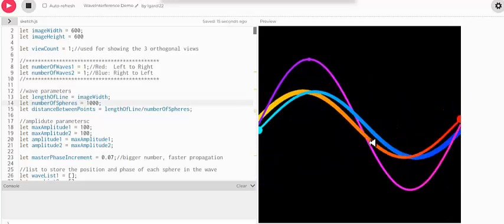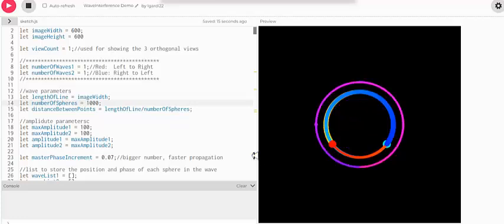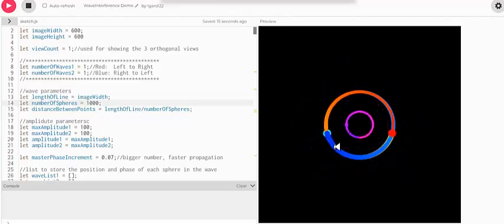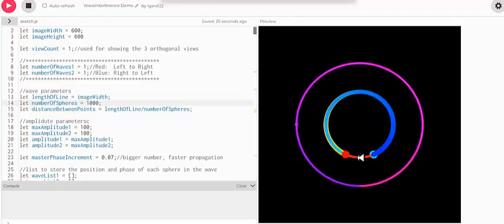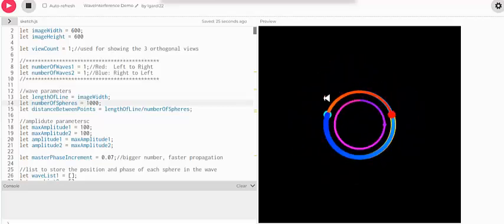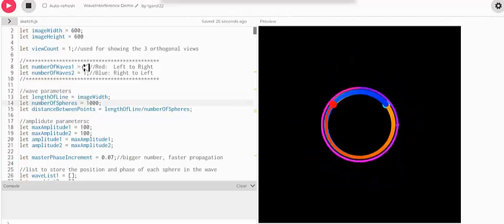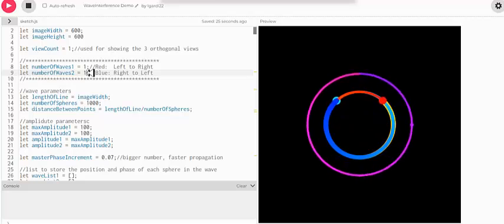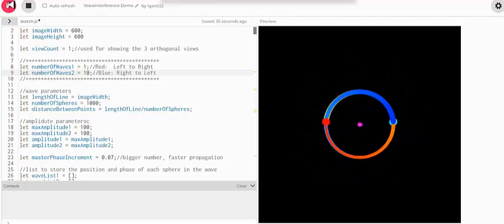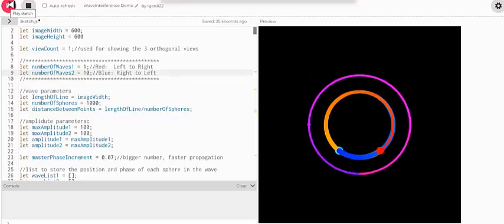Okay, so let's just have a look at this from the barrel of the gun. So here you can see that the circles on the blue wave are moving at the same rate as the circles on the red wave. And so if I make, let's say, the first one 1 and the second one 10, you can play around with this, and I'll give you the code.